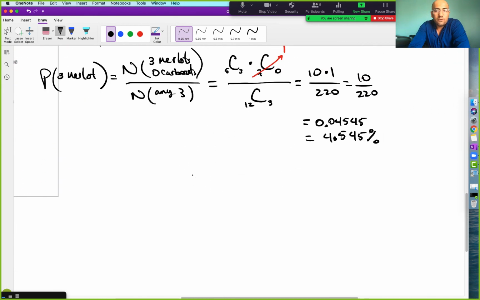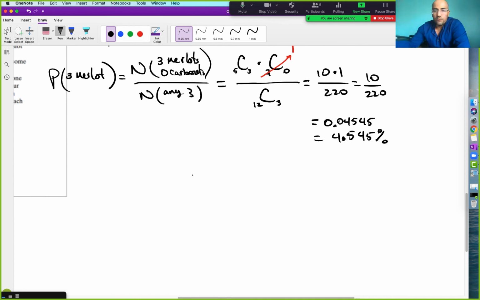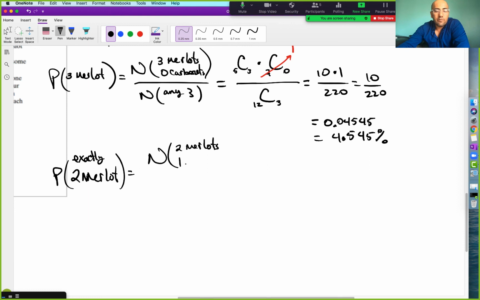So now we have the probability that we have exactly 2 Merlots. Well, that means that we have the number of ways in which we can pick 2 Merlots, and so by default, it must mean that we pick 1 Cabernet, divided by the number of ways in which we can pick any 3.